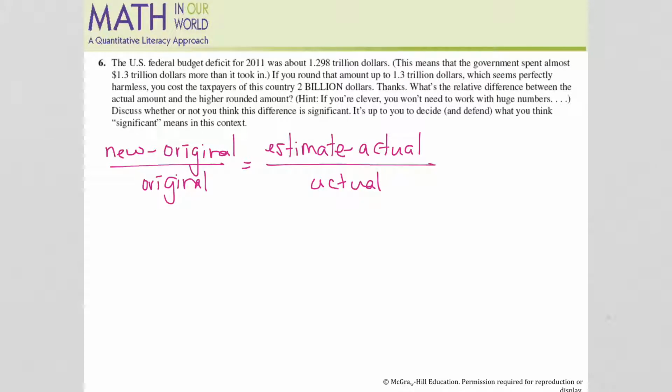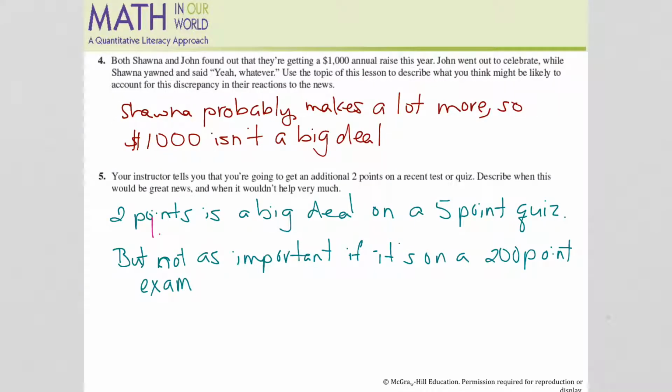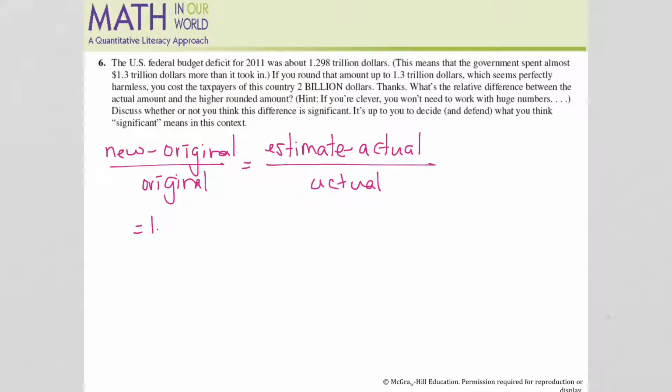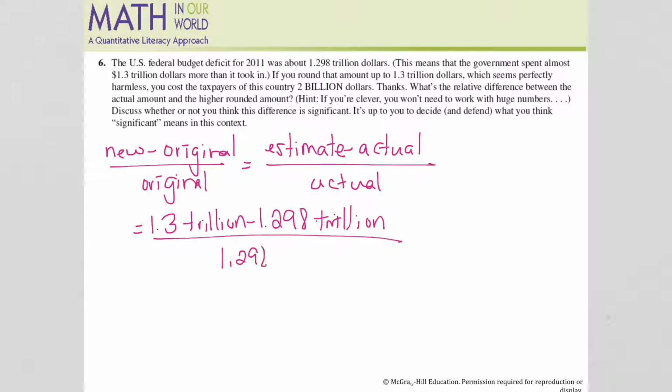Okay? So we've got 1.3 trillion minus 1.298 trillion over 1.298 trillion. And what it says in that hint there is basically you don't have to worry about all those zeros.